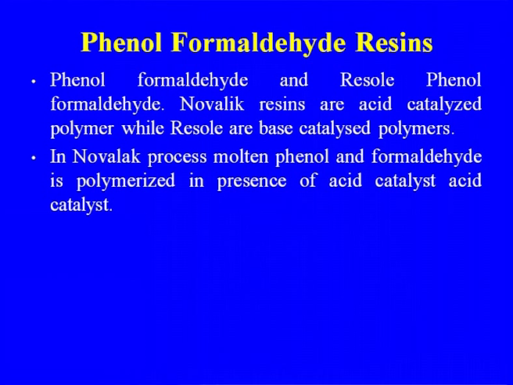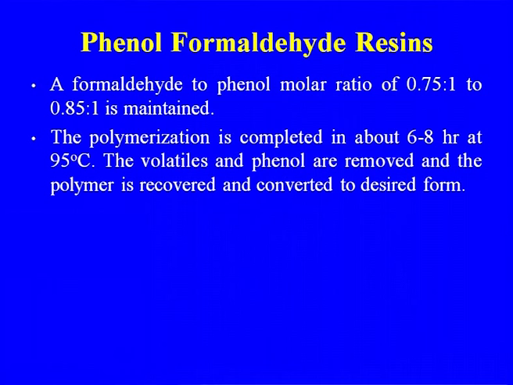Novolac resins are acid catalyzed polymers, while resols are base catalyzed polymers. In the novolac process, molten phenol and formaldehyde are polymerized in the presence of an acid catalyst. A formaldehyde to phenol molar ratio of 0.75 to 0.85 is maintained. The polymerization is completed in 6 to 8 hours at 95 degrees centigrade. The volatiles and the phenol are recovered, and the polymer is recovered and converted to the desired form.